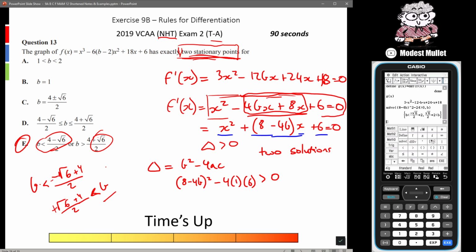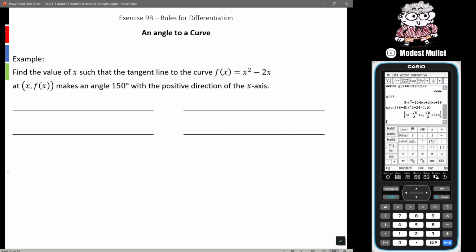Therefore, if we ignore that it is a derivative, we just know that this thing here in the green box has to have two solutions. Therefore, that quadratic needs to have a discriminant greater than 0, and solve from there using your CAS. So that's a way to bounce between writing stuff down and using your CAS.